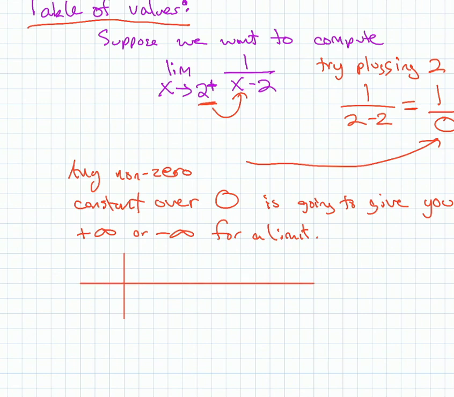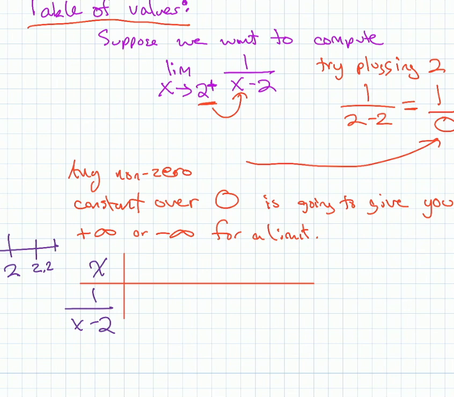If you're trying to find that limit using a table of values, then you would make a table. We're going to have our x values, and then we're going to have our 1 over x minus 2 values. That's the function. And we're approaching 2 from the right-hand side. So on a number line, 2 is here, and 2 point something is on the right-hand side of 2.